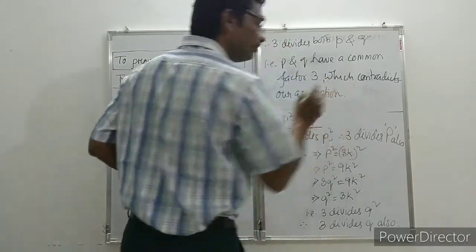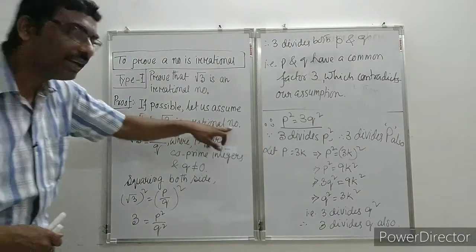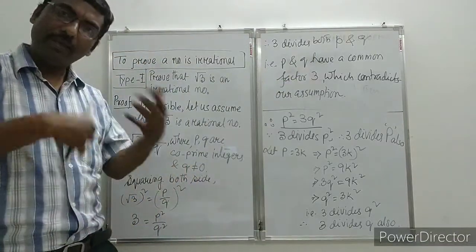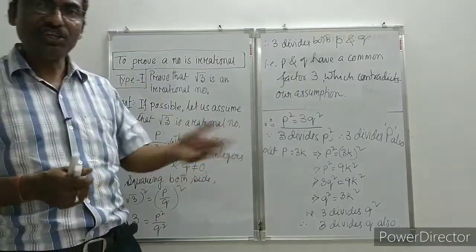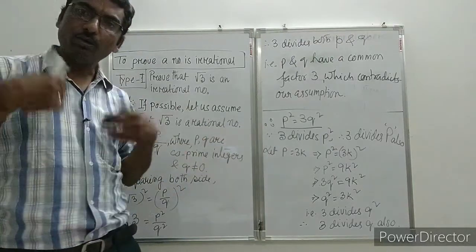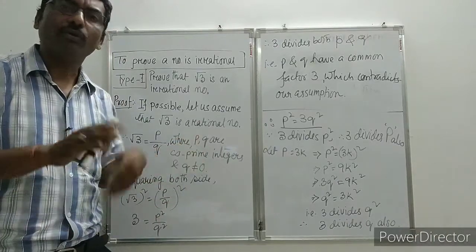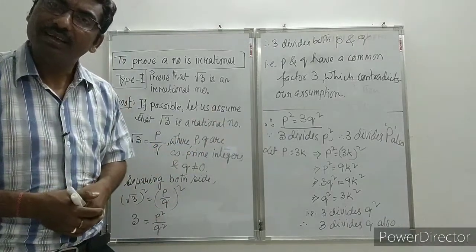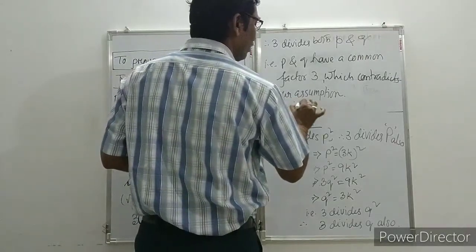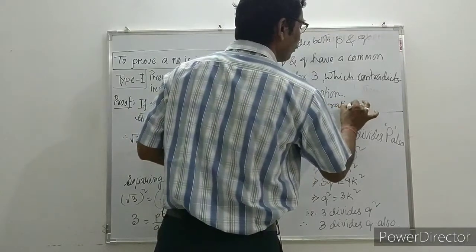What did we assume? We assumed that root 3 is a rational number. Contradicting our assumption means what we assumed is wrong, against the assumption. So the assumption that root 3 is a rational number is wrong, that means it is not rational. When not rational, it is an irrational number. So therefore, root 3 is an irrational number.